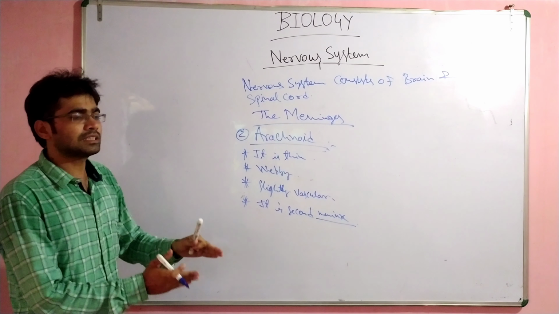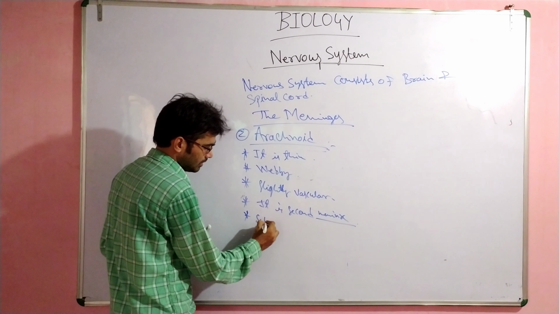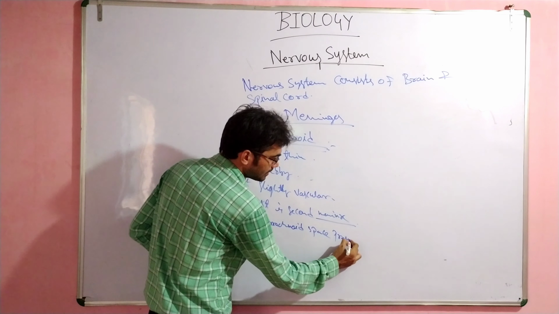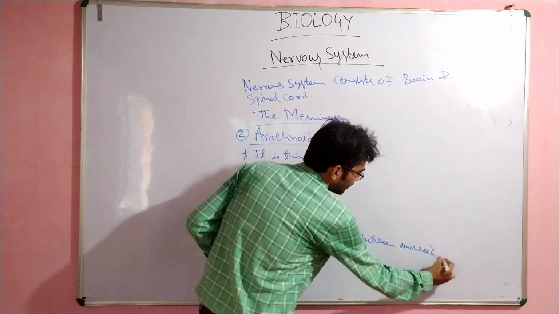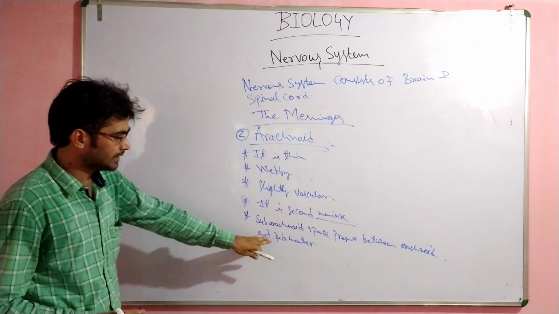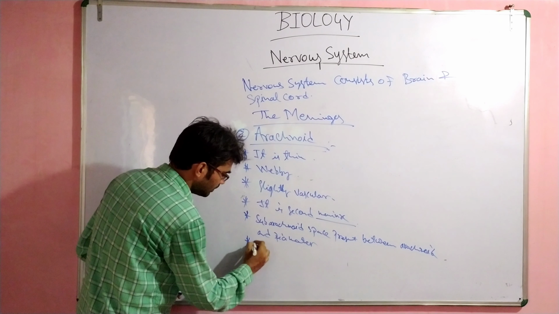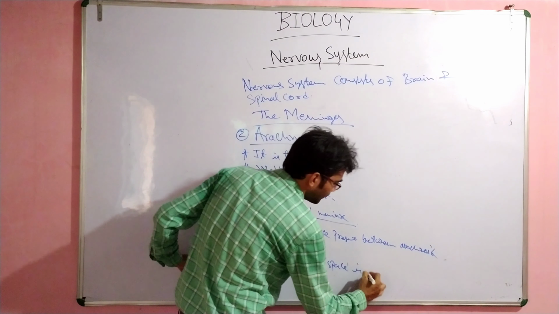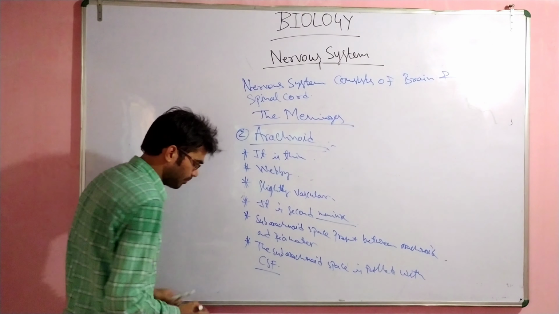There is one space present. That space is known as subarachnoid space. It is present between arachnoid and pia mater, and this subarachnoid space is filled by cerebrospinal fluid, CSF.